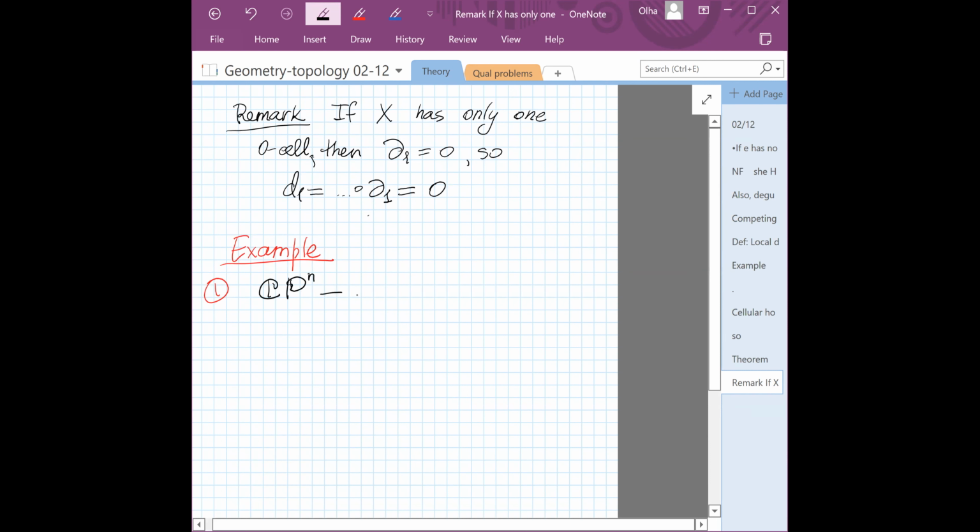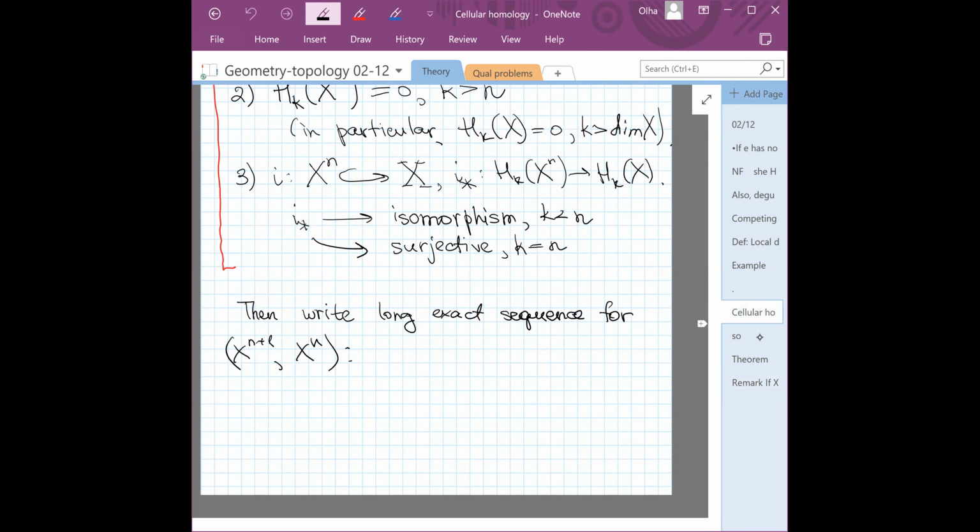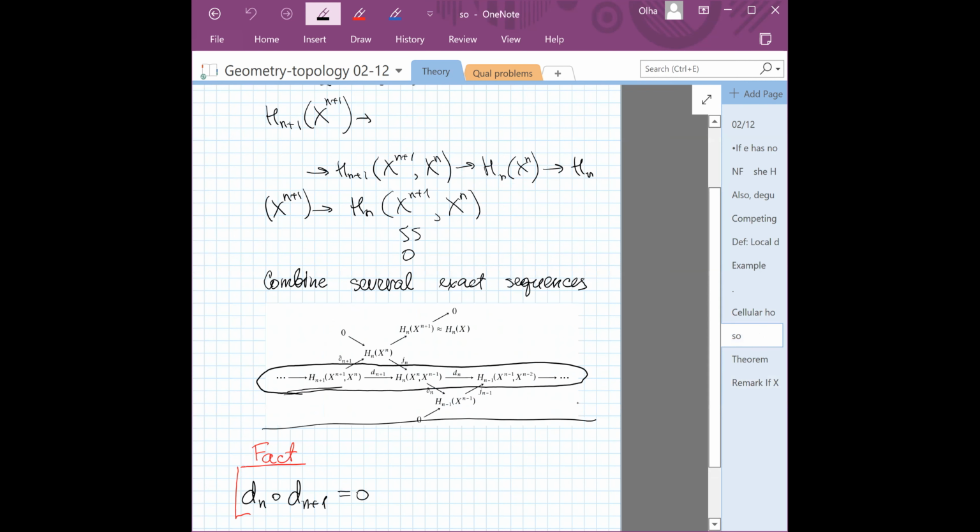The thing about it is that it has no cells of odd dimension. That's going to mean that when we look at this sequence, half of the terms are going to be zeros.